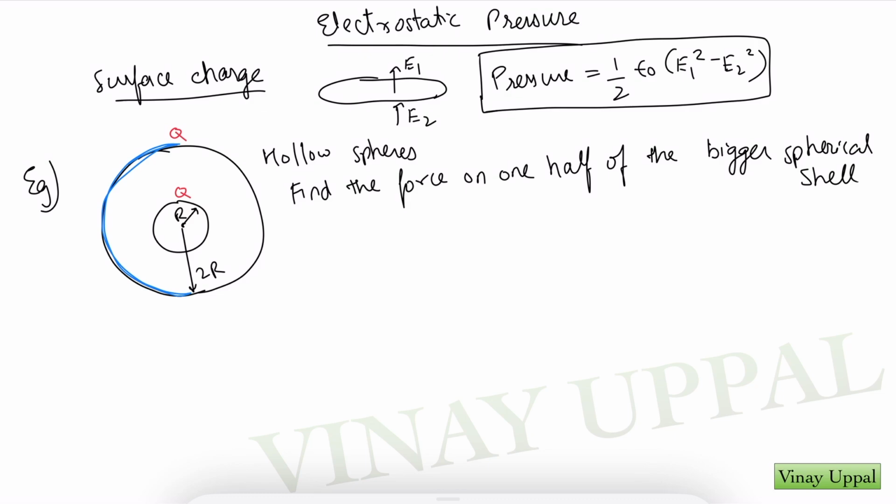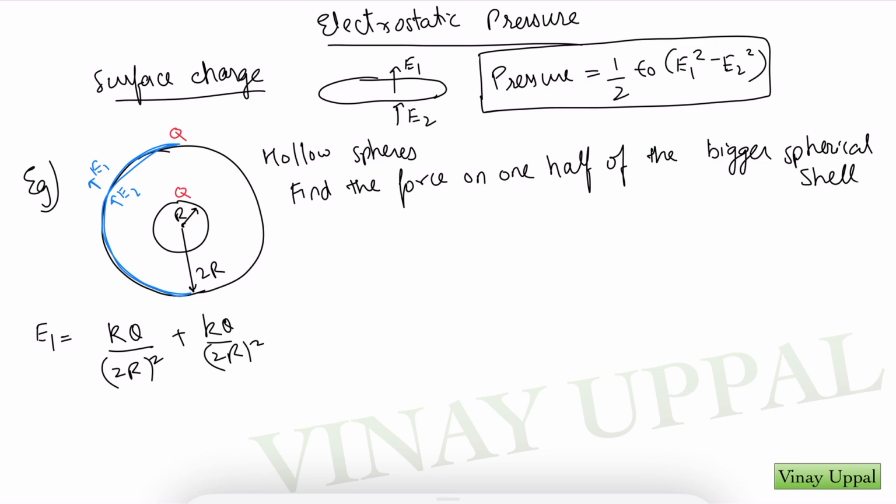So what will be the pressure? All I need to do is figure out what is the electric field just outside and just inside. Now that's very straightforward. If you want, you can pause the video right now and calculate E1 and E2 and then use the pressure formula to get the force, and then you can take a look at my solution. Alright, so here E1 is going to be due to both the charges. So kq by 2r the whole squared plus kq by 2r the whole squared.